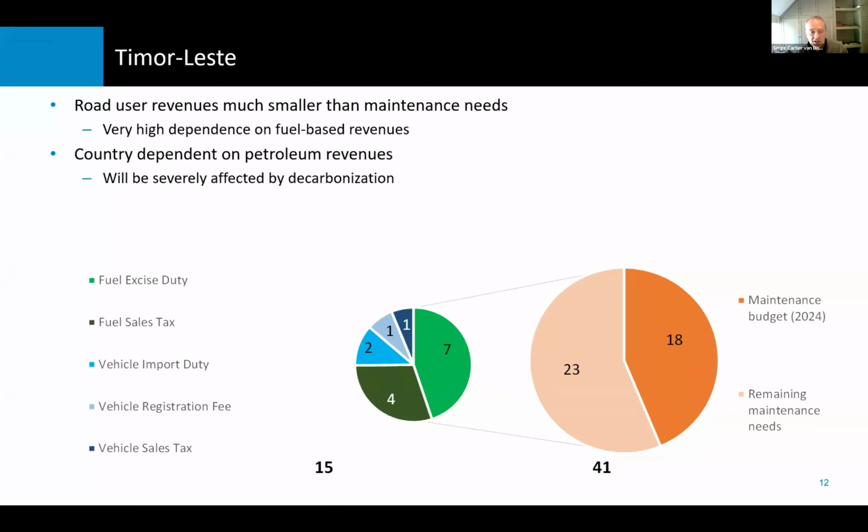Even their current allocation to road maintenance is higher than what they're collecting in road user revenues. But the big problem in Timor-Leste is that they're very dependent on petroleum revenues. The entire economy is. So as we move towards decarbonization, not just within Timor-Leste, but globally, and fuel demand goes down, that will have an enormous impact on their economy.